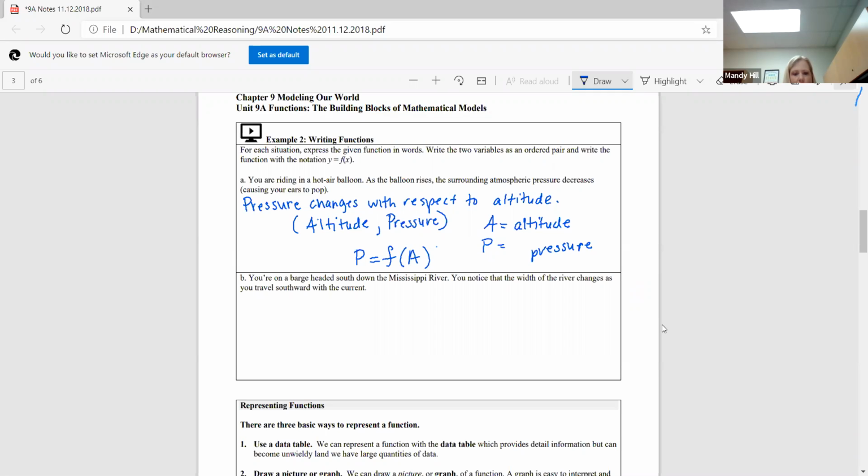You're on a barge headed south down the Mississippi River. You notice that the width of the river changes as you travel southward with the current. So the river width depends on your distance from the river source.